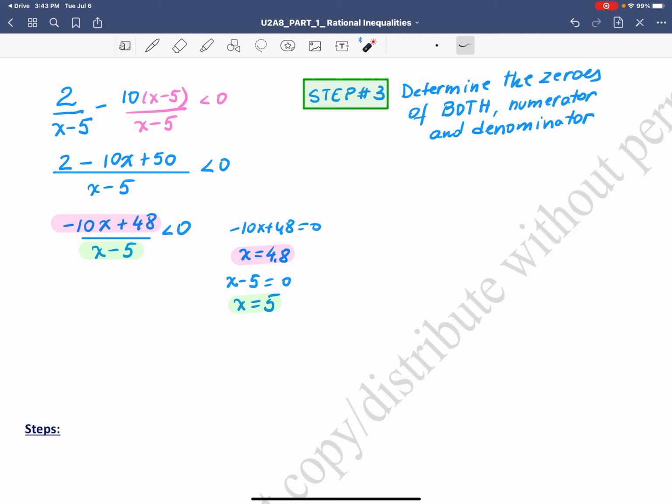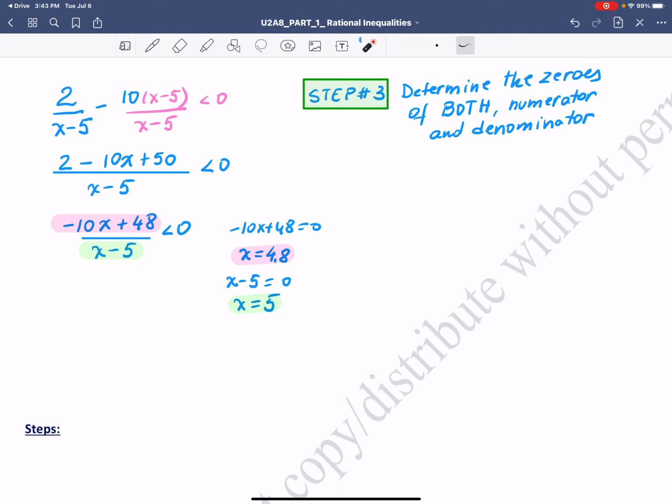And you do not have to actually scale it, obviously. We just have to put them in order as they appear on the number line. Now, here I'm going to write negative 10x plus 48. That's the numerator. And x minus 5. That's the denominator. The reason why I want to do this is because I'm studying the signs of each of them.